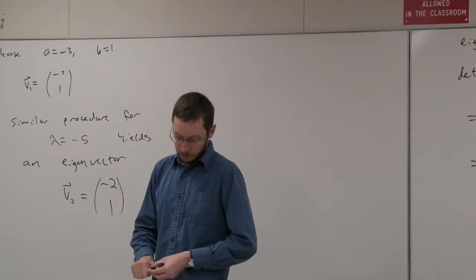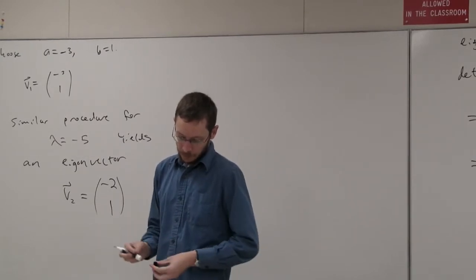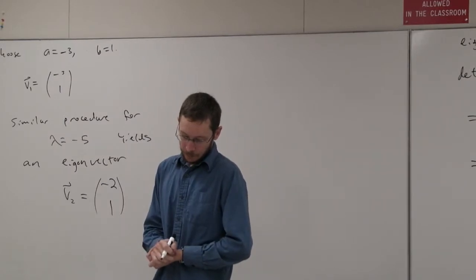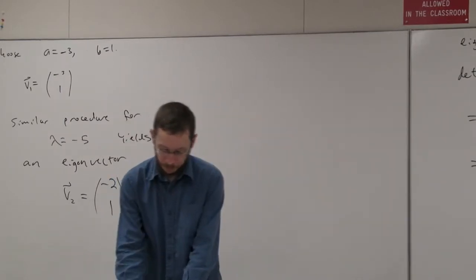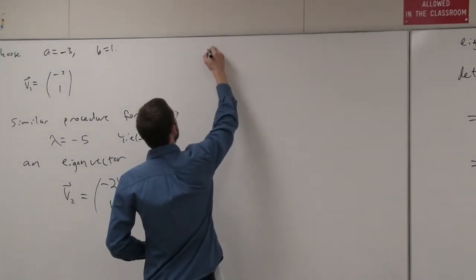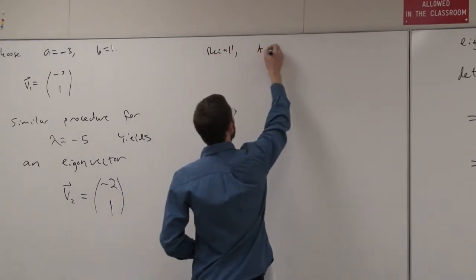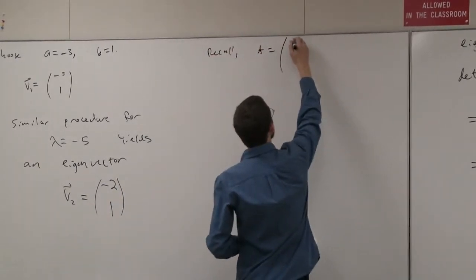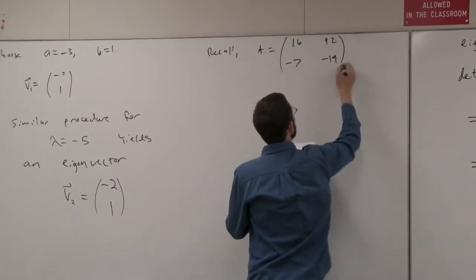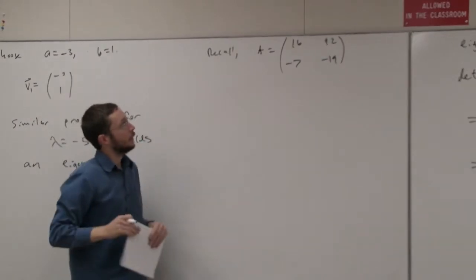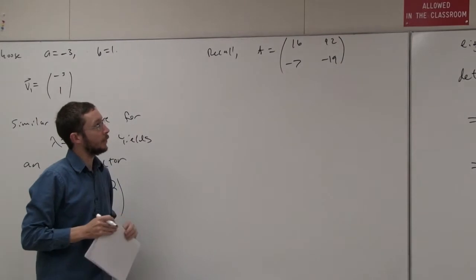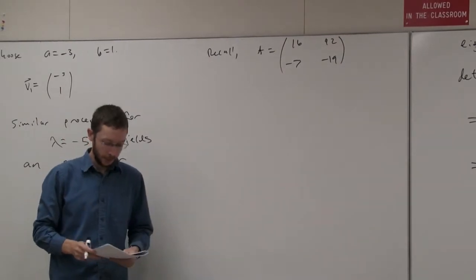And so what we're going to do is, we've got this transformation in which the geometry of the transformation is not real clear.